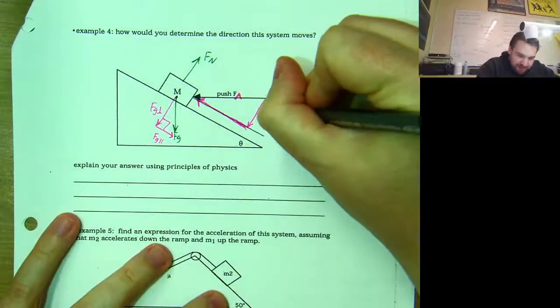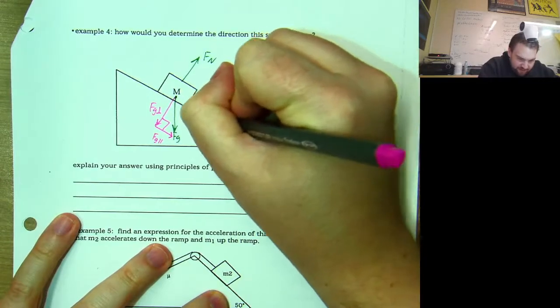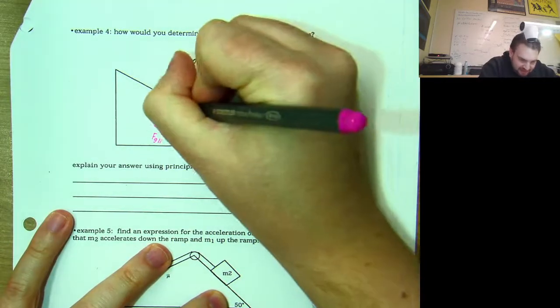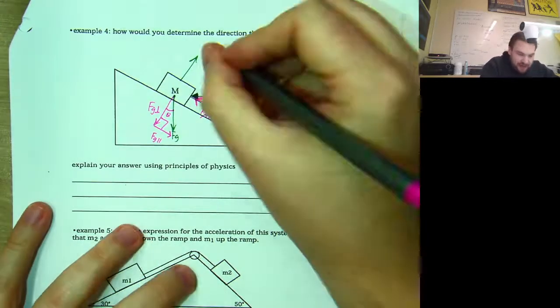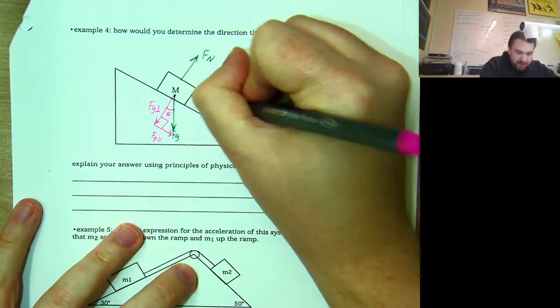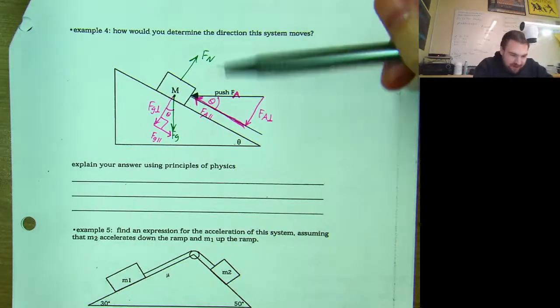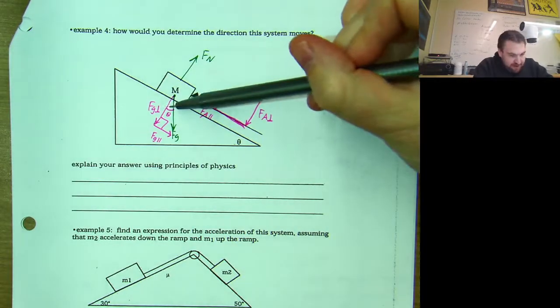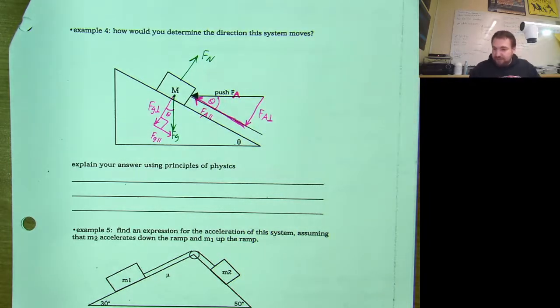This is going to be FA perpendicular, and we're going to call this guy FA parallel. This angle right here was theta, and through a similar argument, I could prove to you that that angle there is also theta. If you want to see that proof, let me know. But that angle in there is going to equal that angle in there, which is going to equal that angle in there.